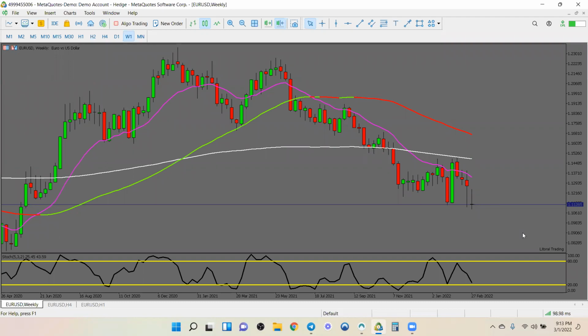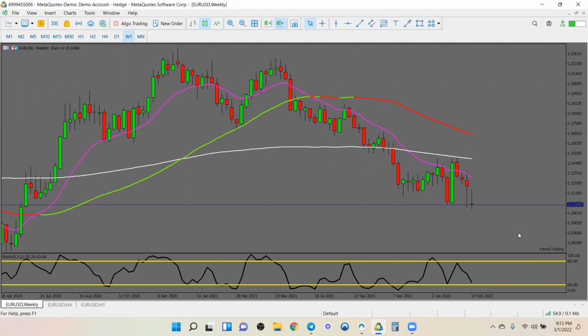Okay, so the stochastic is going to help us with our timing, as well as it's going to show us our swing highs and our swing lows. It's going to show us the cycle, but most importantly, it is going to help us count the waves.